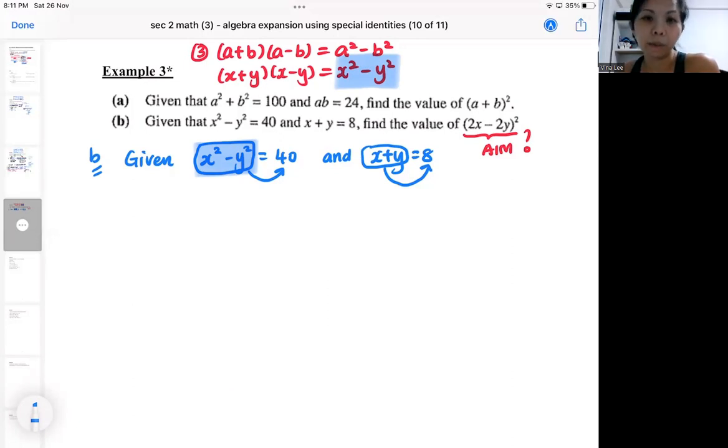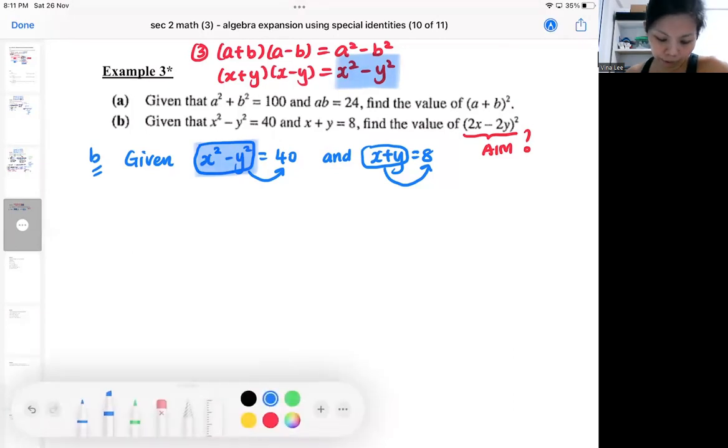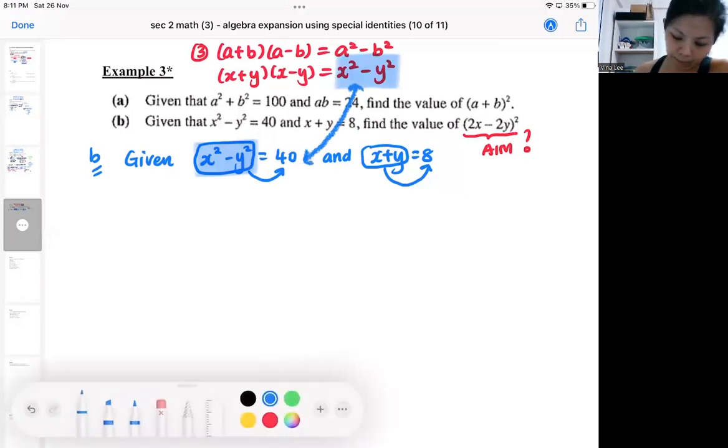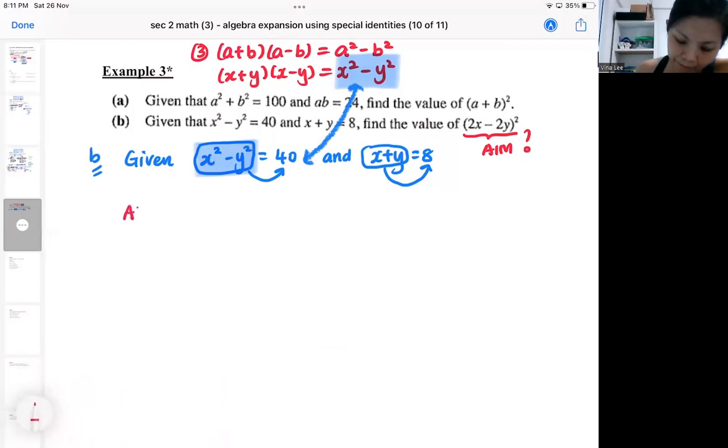So do you realize that there's a relationship here? I want you to realize the relationship first, and I'm going to explore my aim. My aim is to get this. So what does this formula look like?